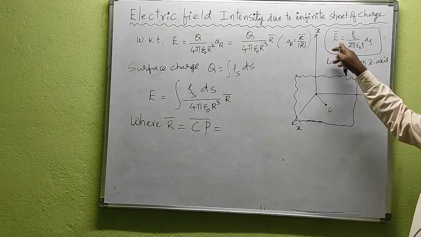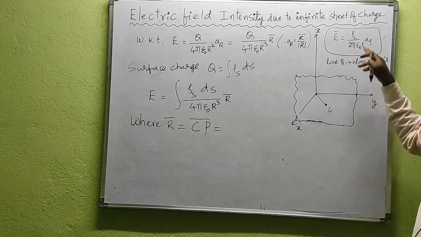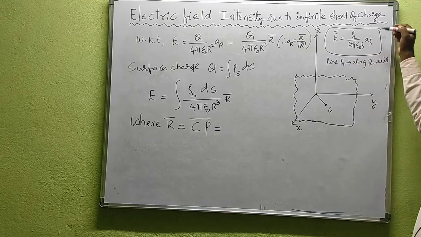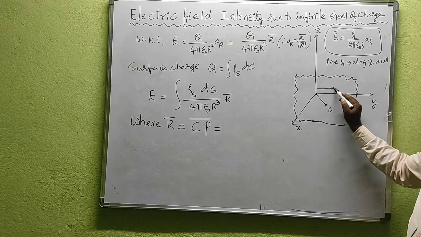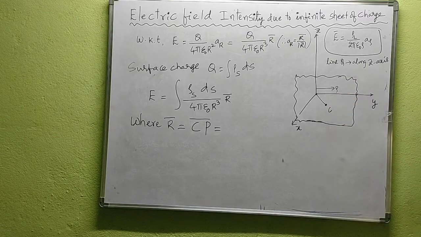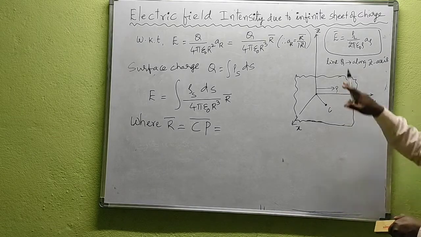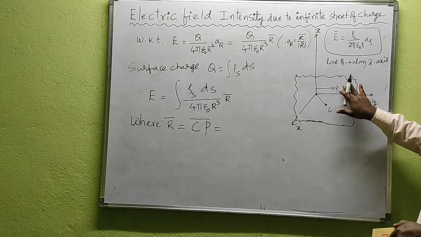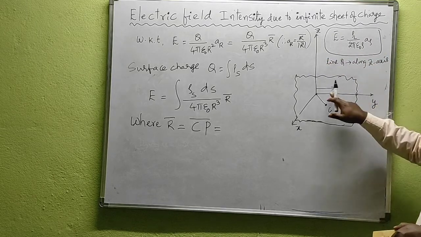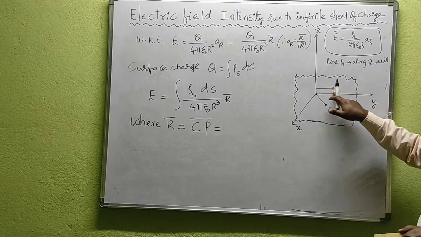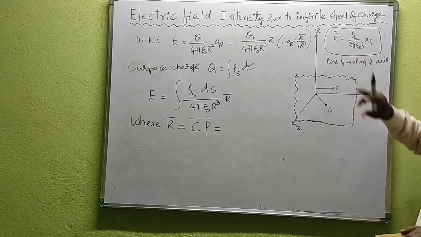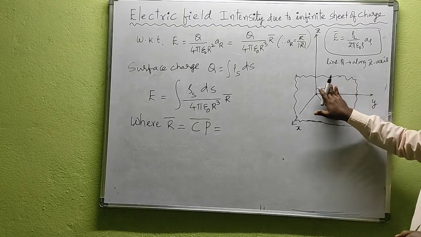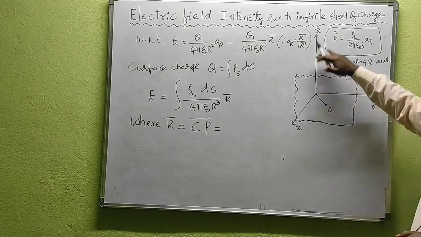What about the field direction? The field is along a rho, the unit vector along the rho direction, where rho is the perpendicular distance from the z axis. This field is perpendicular to the source. The source is along the z axis, but the direction of E is along a rho, so E is perpendicular to the source placed along the z axis.